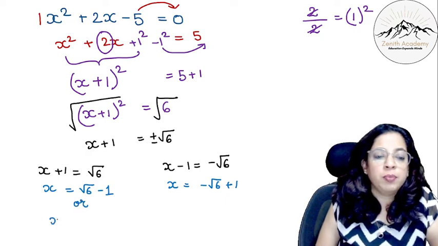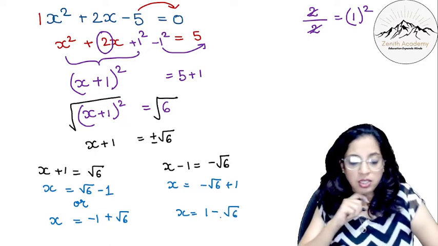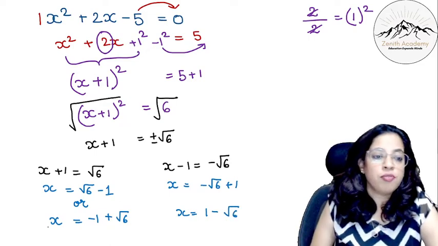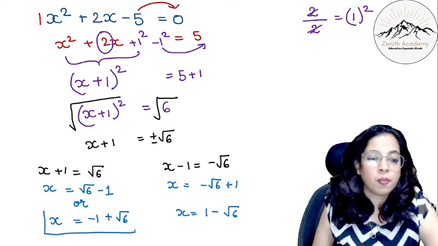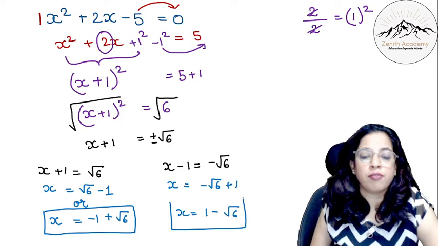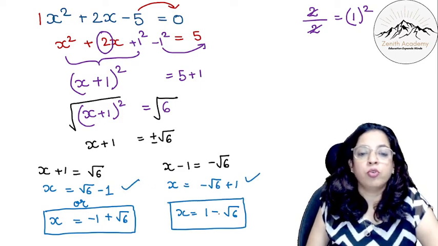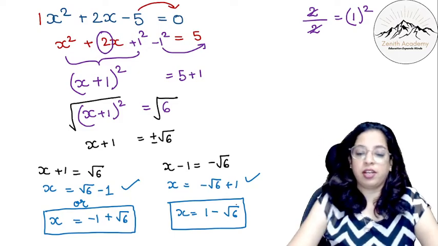This is also correct, but you can rearrange like minus 1 plus root 6, or this is minus 1 minus root 6. These two are the correct answers of x. So we have got two values of x here. If you want to rearrange, then this is also correct.